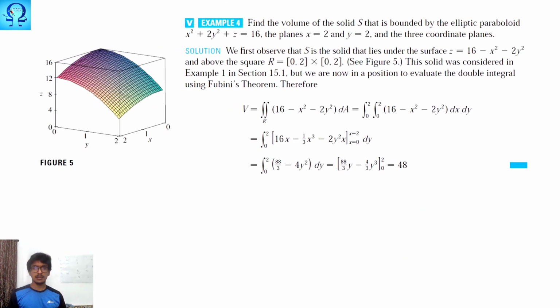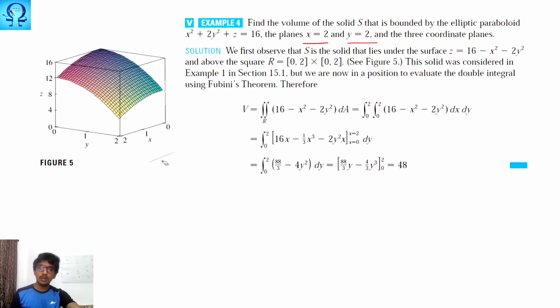Okay. Next, in this problem, we are asked to find out the volume of a solid that is bounded by the elliptic paraboloid. Some equation is given between the planes x is equal to 2 and y is equal to 2. So whenever we are asked to calculate the volume of a solid, we are treating that in a positive sense. Okay. So they have given between the planes x is equal to 2 and y is equal to 2.